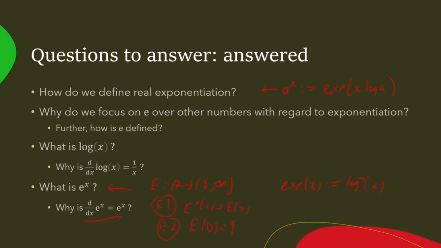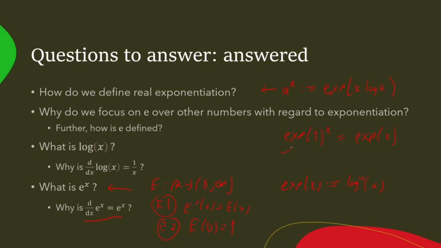And so finally coming to this question of why do we focus on e over other numbers regarding exponentiation, we saw one of the properties of the exponential function gave us the fact that the exponential of 1, if you raise that to the power x, using our definition of real exponentiation now, this worked out to be the exponential of x.